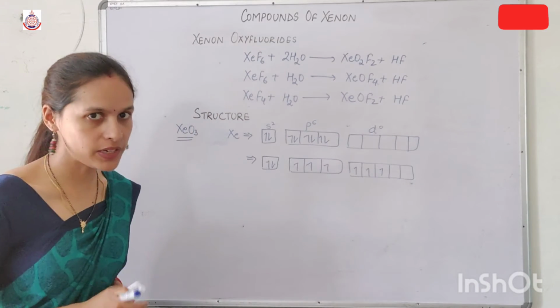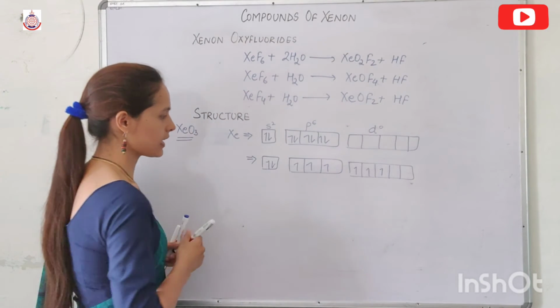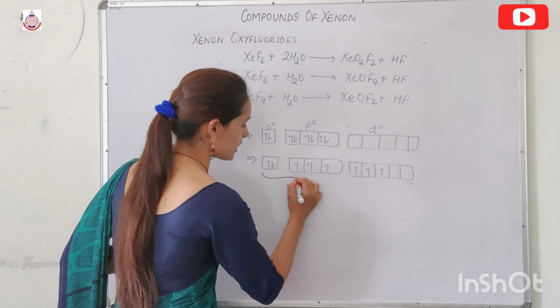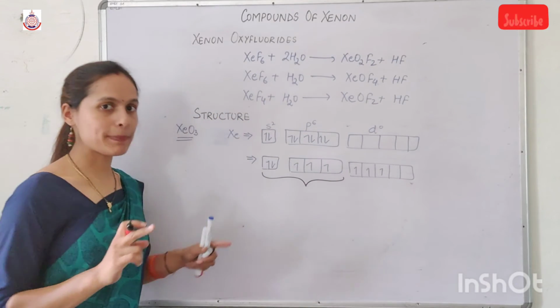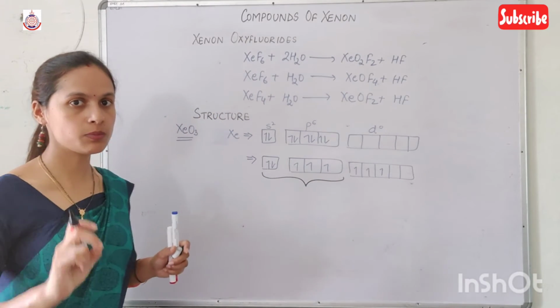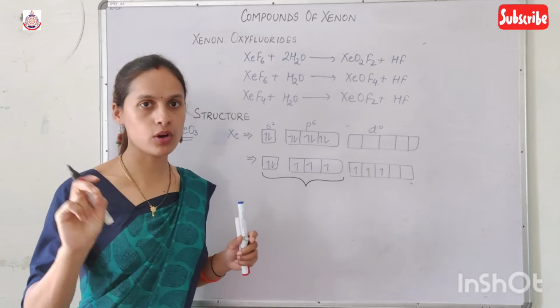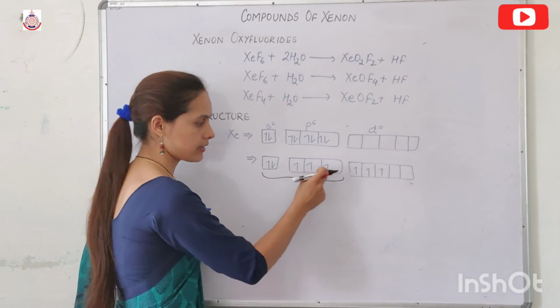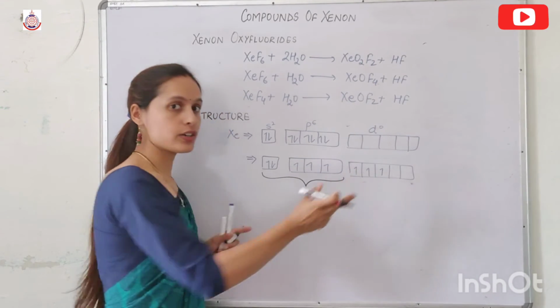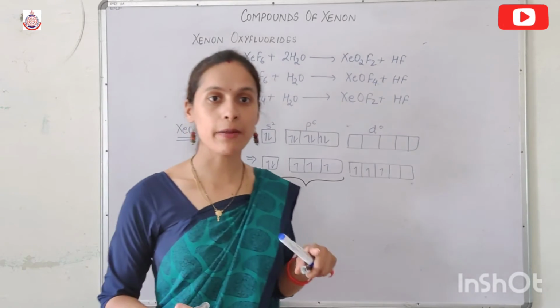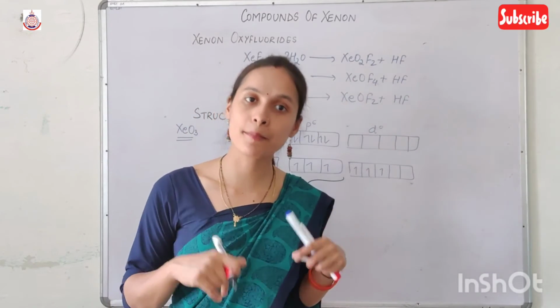Now, in the hybrid state, what happened? The hybridization is only sp3. Why? Because each oxygen forms a single sigma bond with the xenon. Now these 3 are used in the formation of pi bonds, but these are not hybrid orbitals.